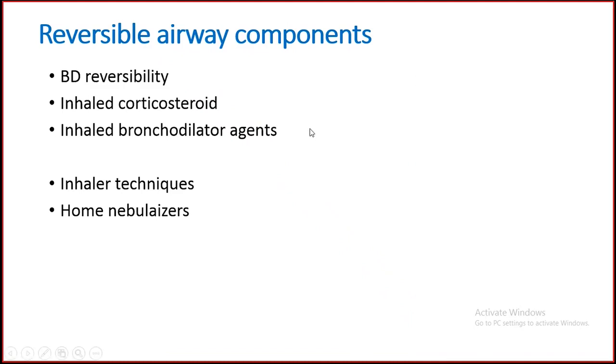Another important thing is that sometimes these children might have a reversible airway component. Not all children with chronic lung diseases have asthma, but some might. So if there are features, do spirometry and bronchodilator reversibility testing to diagnose this.